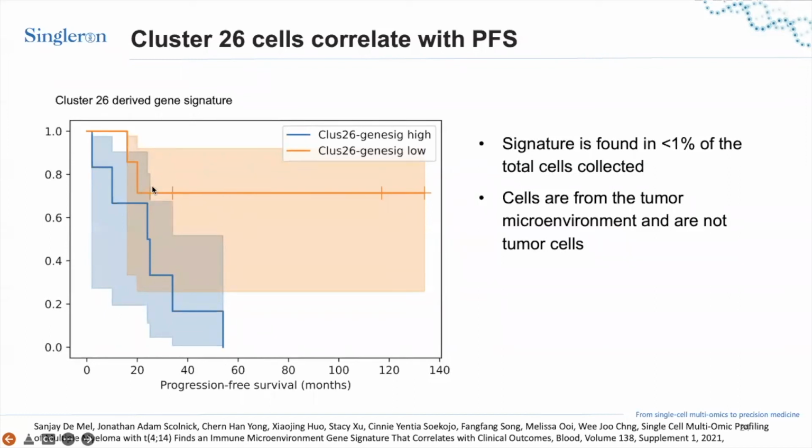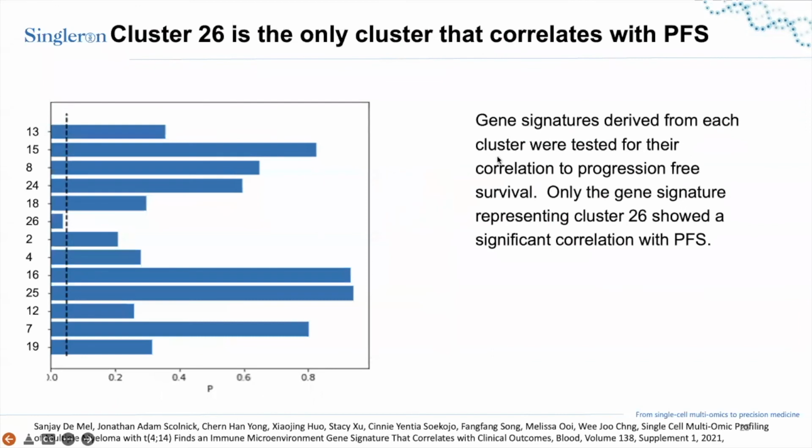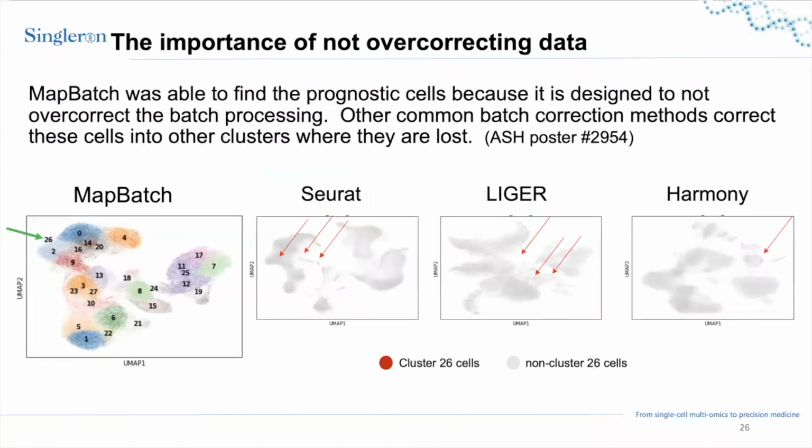It is able to give you prognosis with regard to survival, and it is the only cluster that correlates with PFS. So you are really getting whatever you want with regard to disease progression. As seen in the previous mini benchmark, it gives you clusters that may be lost from the other tools.